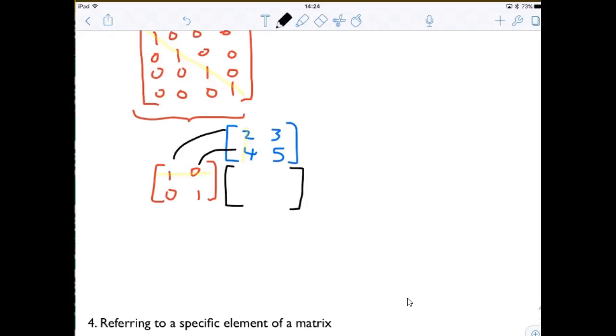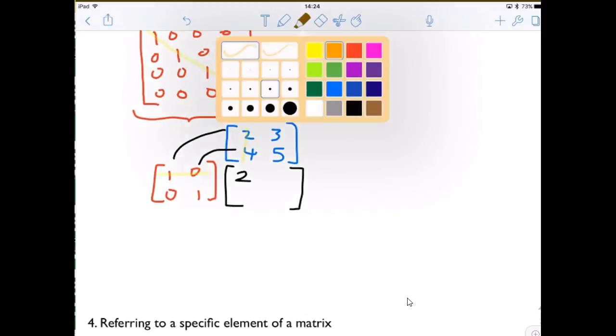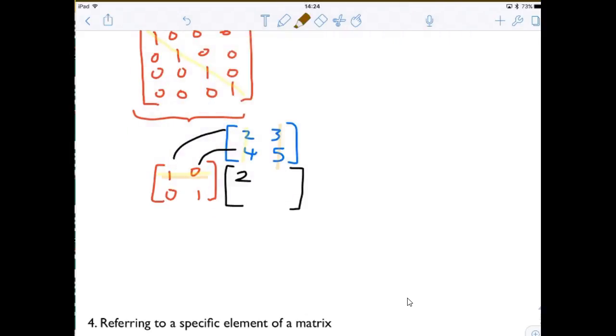That gives me 2, right? And then I'm going to do the same thing with 1, 0 times 3, 5. So that is 3 times 1 plus 0, which is 3.